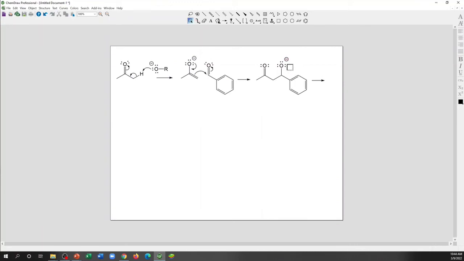Okay, in the next step, this oxide is going to go pick up a hydrogen. We used an alkoxide base in the first step, and it needs to be catalytic, so I'm going to get that alkoxide back. So I'll go out here and pick these electrons. These electrons will go pick a hydrogen off of the conjugate acid.